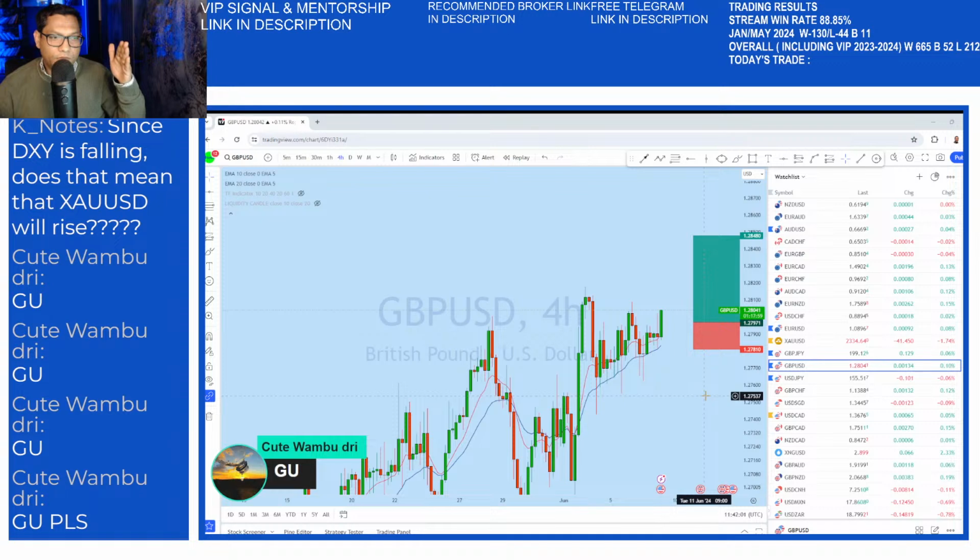GBP USD, let me ask you a question. What is the market structure on GBP USD? So let me see how many traders come up with the correct answer. Okay, so what is the market structure on GBP USD?